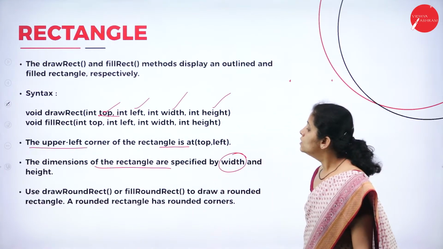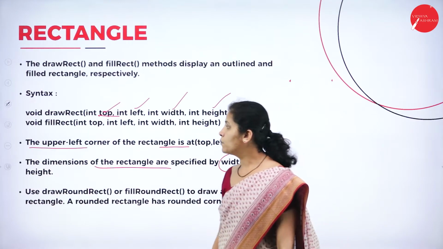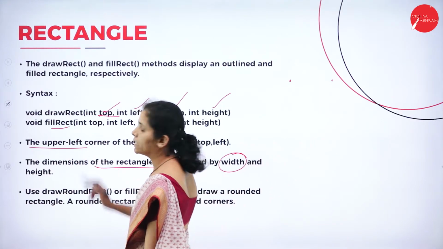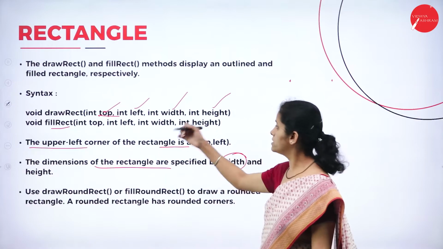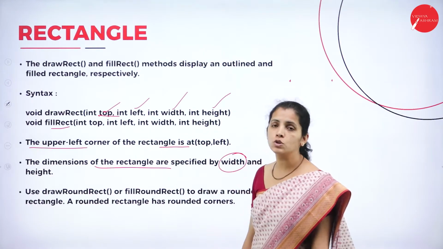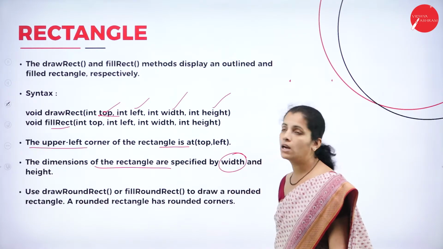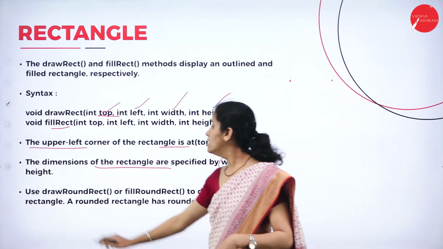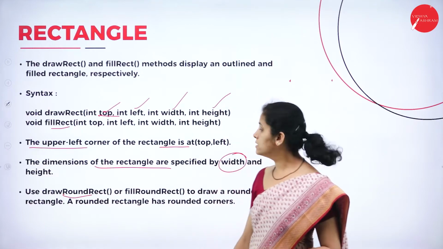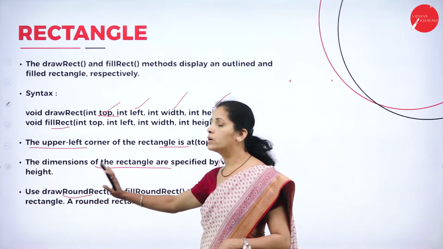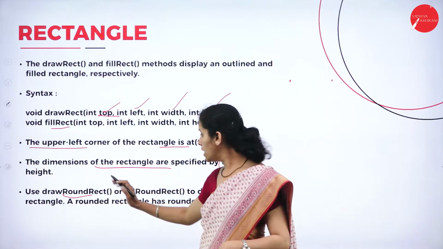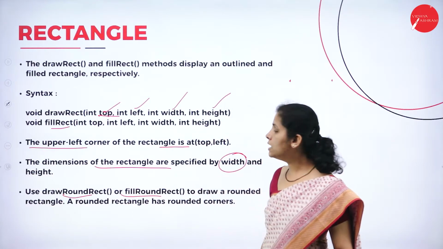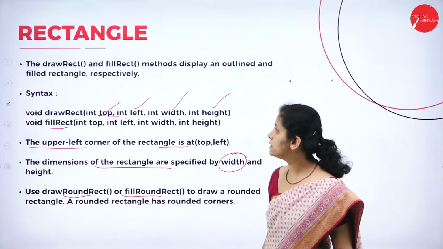And to fill the color, I'm going to use the fillRect method. Once again, I'm going to pass the values top, left, width and height. And suppose I want to draw the round rectangle, then I'm going to make use of the drawRoundRect method, along with the fillRoundRect method.